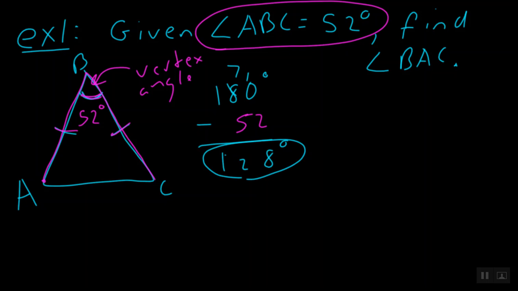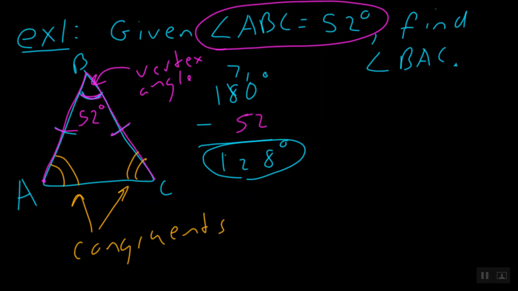Now here's the problem, because I want you to recall, what do we know about our base angles? Well, our base angles are congruent. So that means that this 128 degrees actually has to be split up evenly between the two congruent angles, so we will divide this by 2. And so 128 divided by 2 is in fact going to give us 64 degrees.